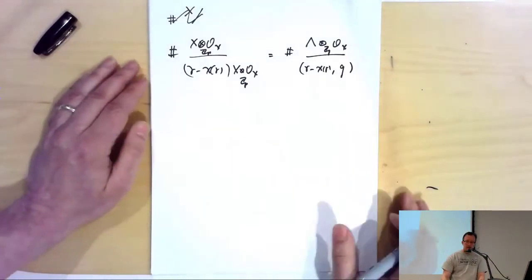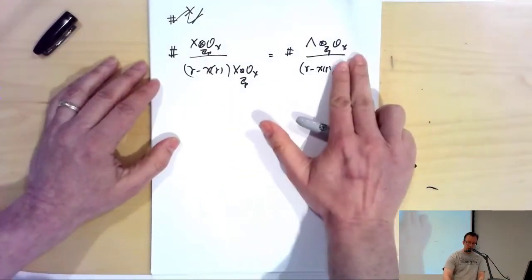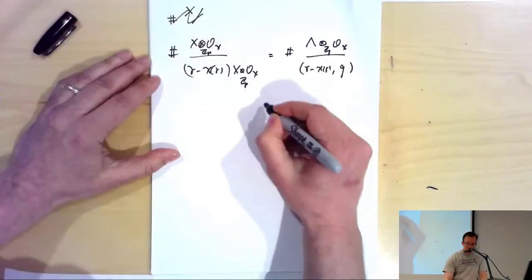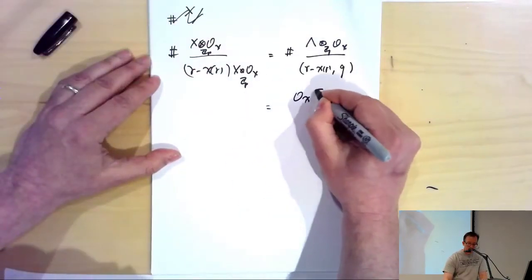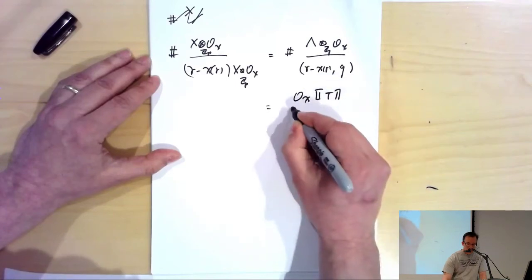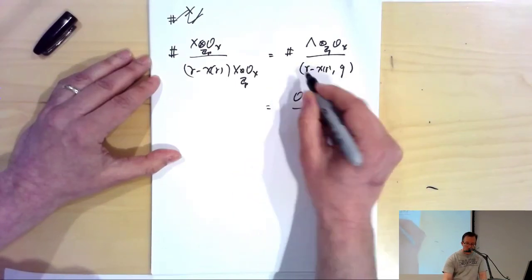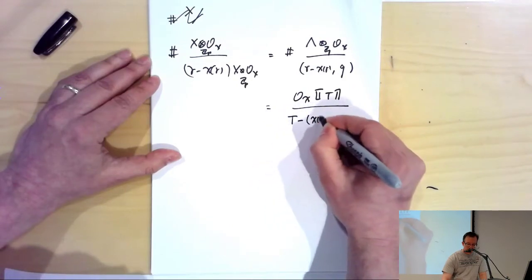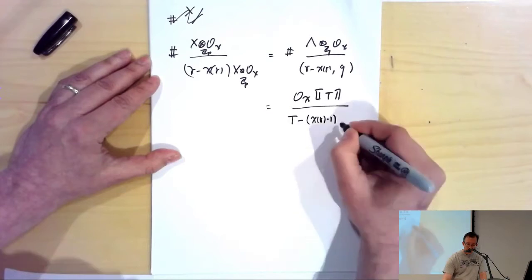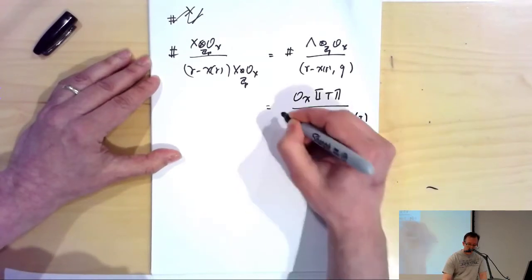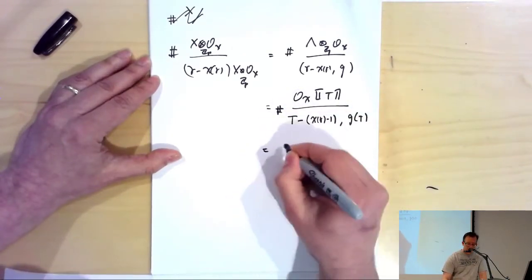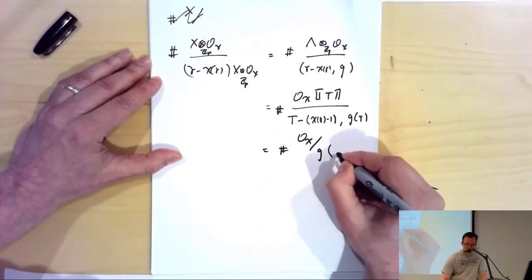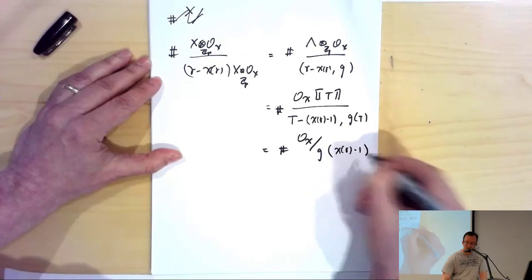If we think of this as power series, this is just O chi double brackets T, and I'm modding out by 1 plus T, so I'm modding out by T minus chi of gamma minus 1 and G of T. So I'm looking at the size of this, and this is nothing more than the size of O chi modulo G evaluated at chi of gamma minus 1.